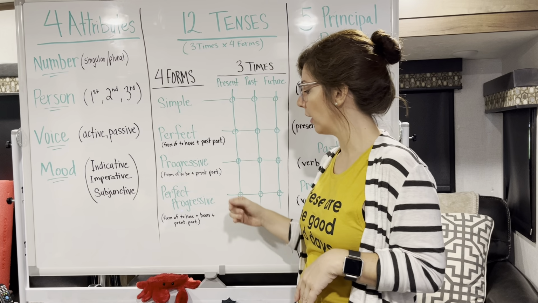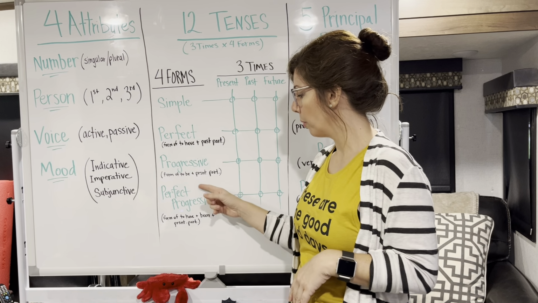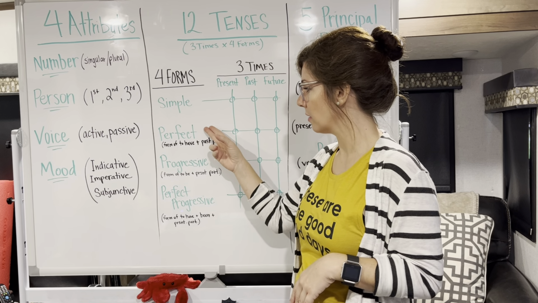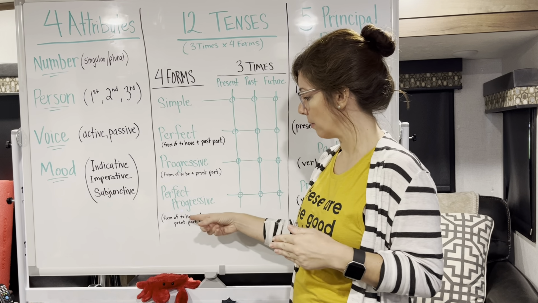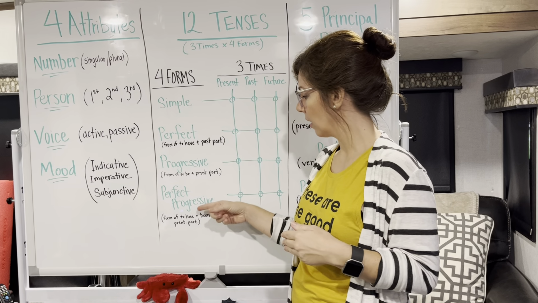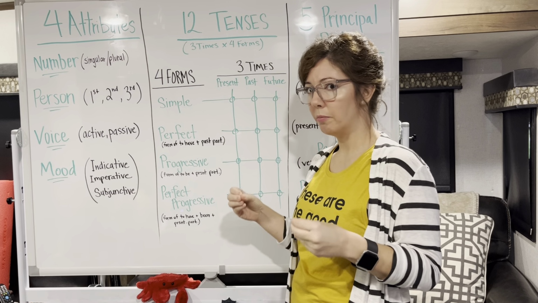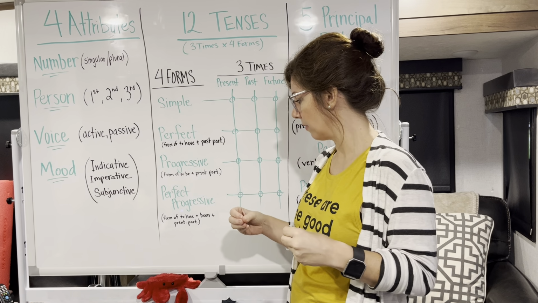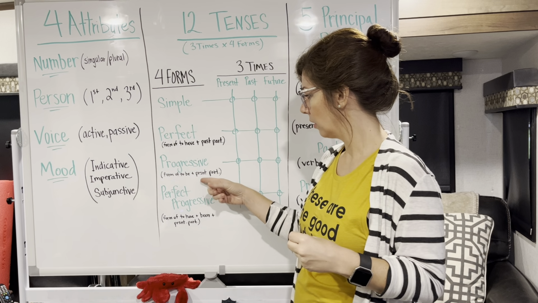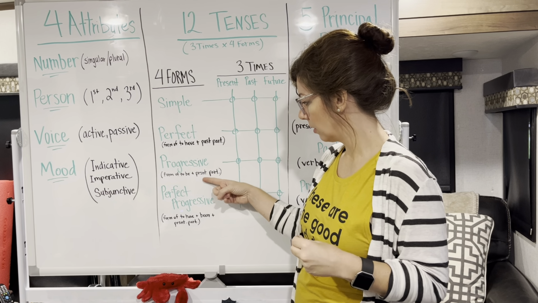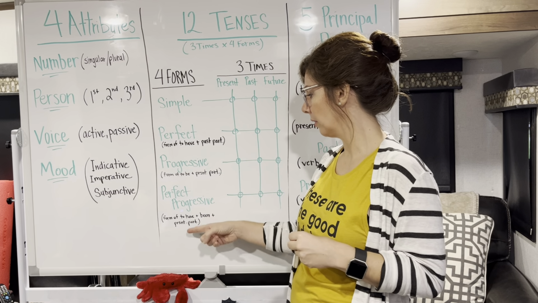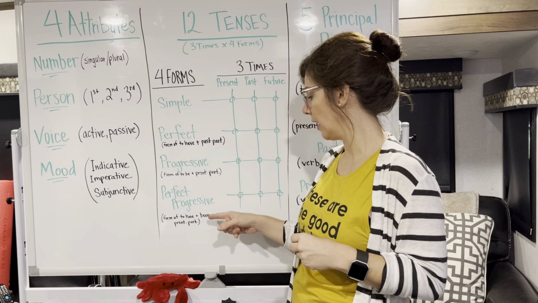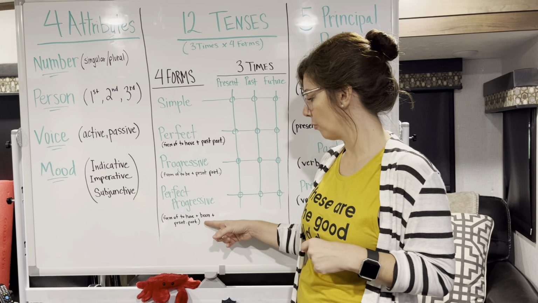Okay, and lastly, we're going to look at our perfect progressive. For perfect, I have to be perfect, so we need a form of to have. For progressive, we needed be progressive, being progressive. Present participle is included here, and this time instead of be, it's a form of been.